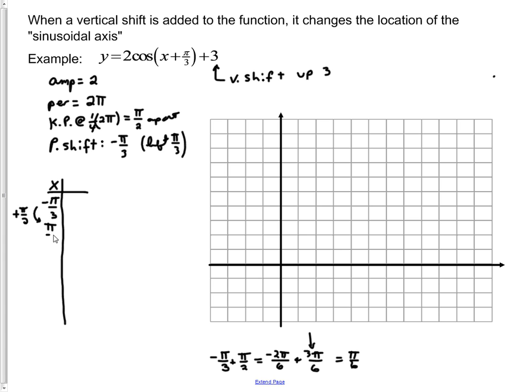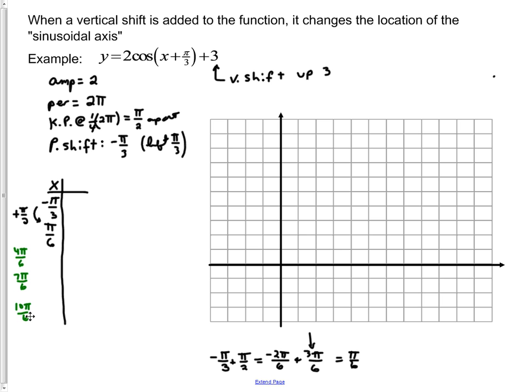Now, if we go on by adding increments of 3 pi over 6, here's what's happened. I'm just going to write these in unreduced format. Pi over 6 plus 3 pi over 6 more is 4 pi over 6. Plus 3 pi over 6 more is 7 pi over 6. Plus 3 pi over 6 more is 10 pi over 6.